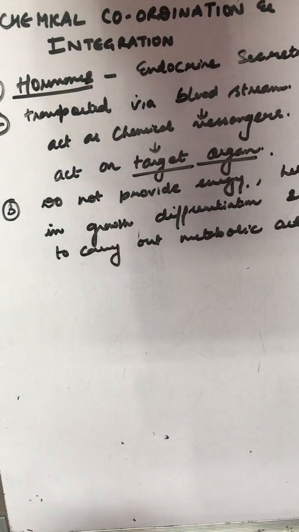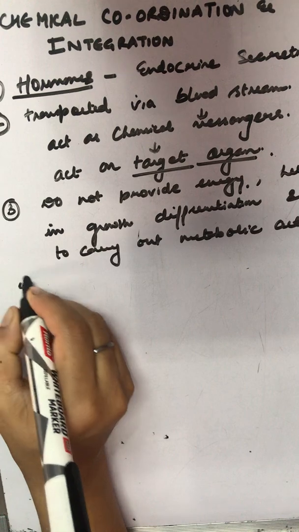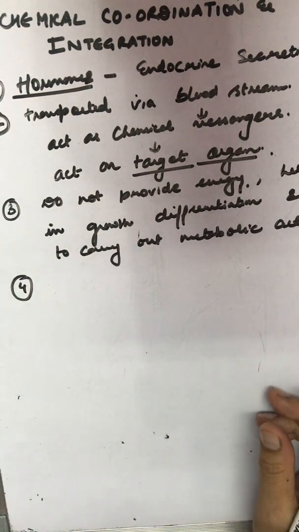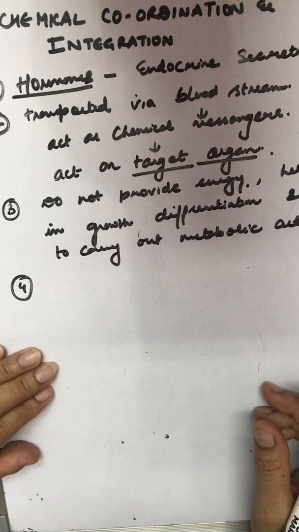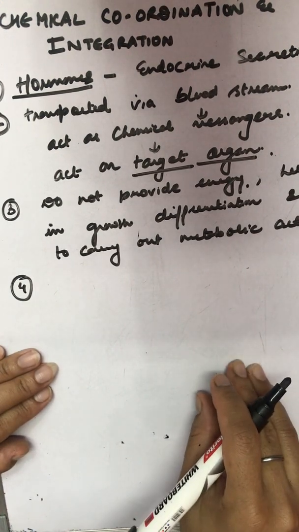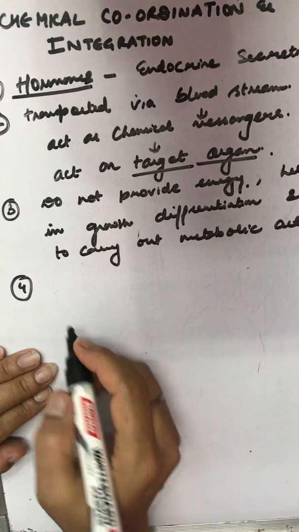Fine. Next one. What about the molecular weight? Are these secreted in kilos or half a kg or a ton? Not at all. These are always secreted in a very small amount and they have a very low molecular weight.